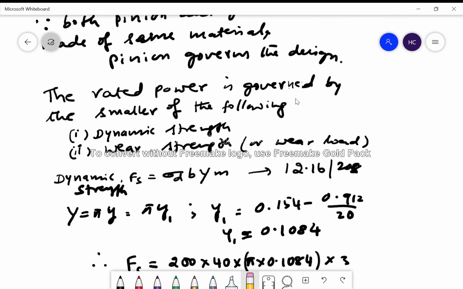The rated power is governed by the smaller of the following: dynamic strength and wear strength.